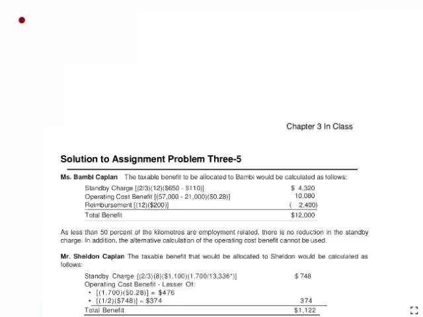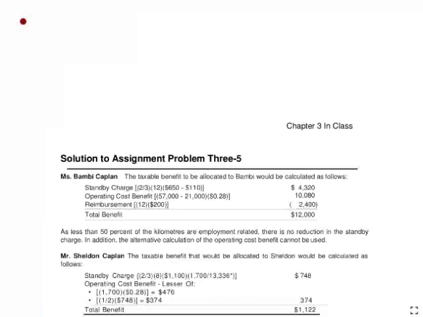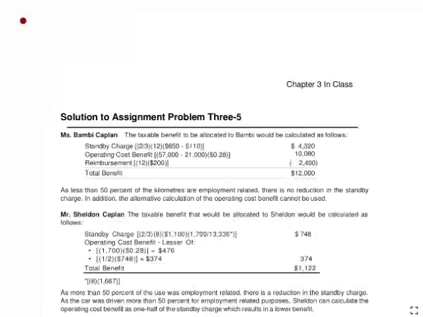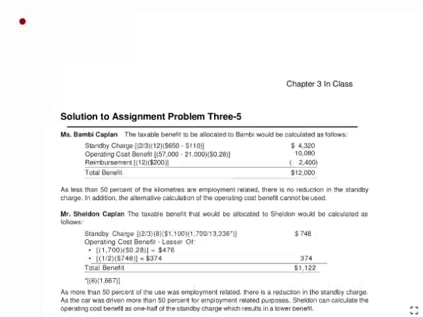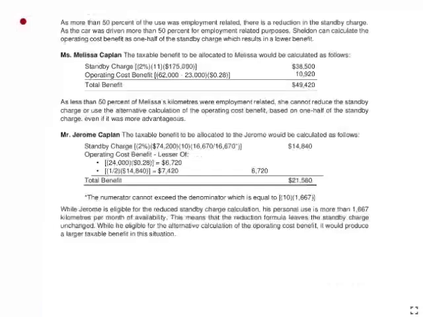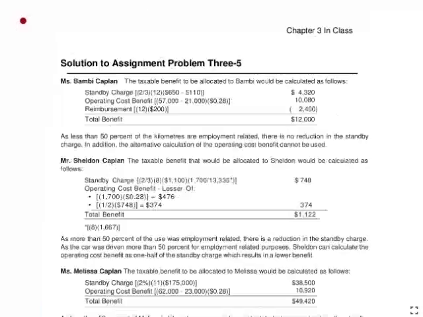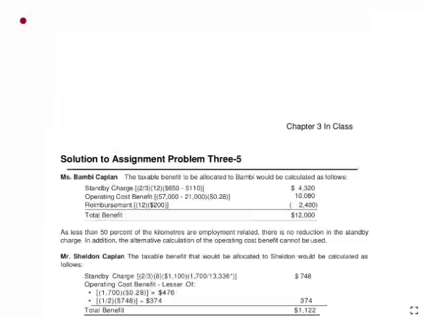Let's see here. There we go. We've got one here. So let's calculate some of this. The first one, the question is assignment problem 3-5. We'll have a look at that in a moment. Yeah, that's the one. And we'll calculate a couple scenarios.